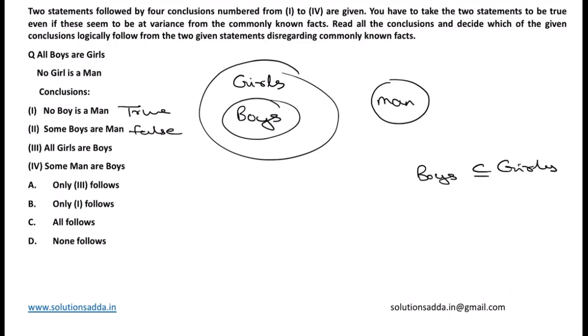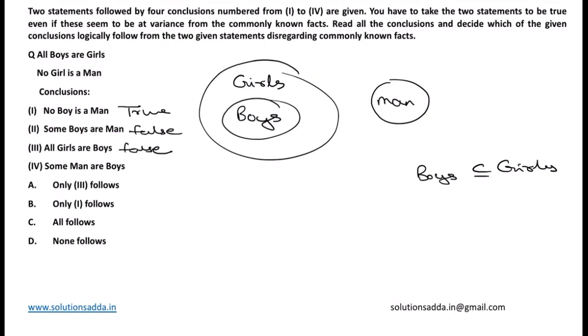Therefore it is given that all boys are girls, but it is not possible that all girls are boys, since boys are a subset of girls. Therefore there may be some girls who are boys, but not all girls are boys. Therefore all girls are boys is also a false statement.